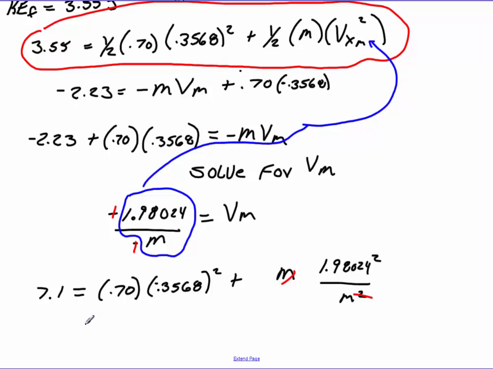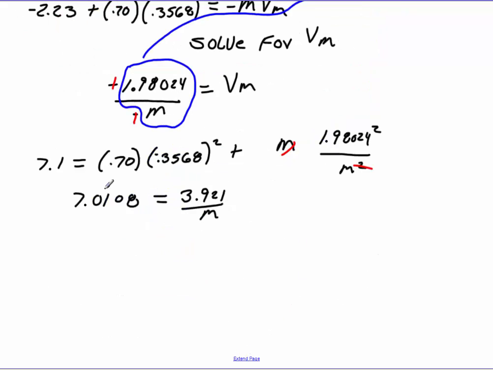Now when I do that, that's going to give me 7.0108 is equal to 1.98024 squared, which gives us a value of 3.921 over m.